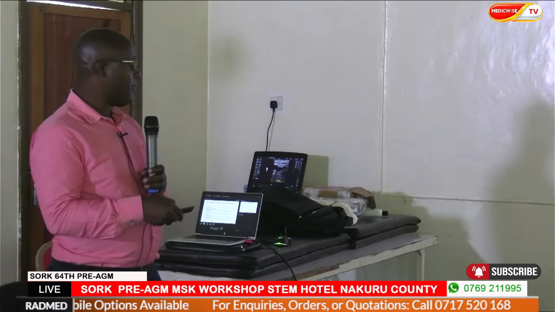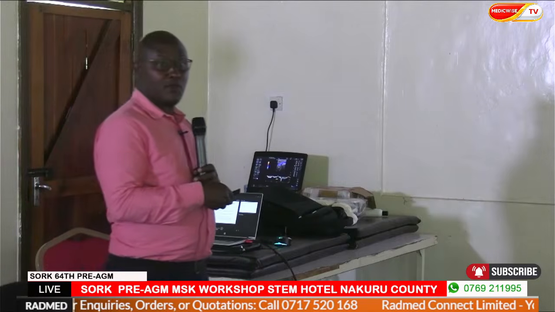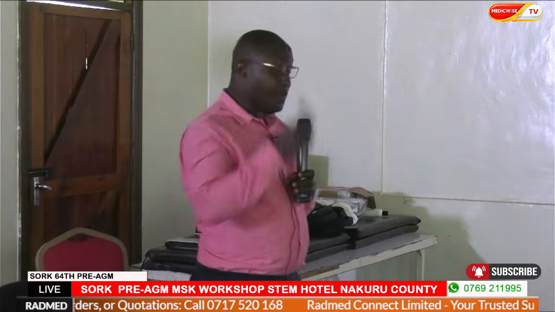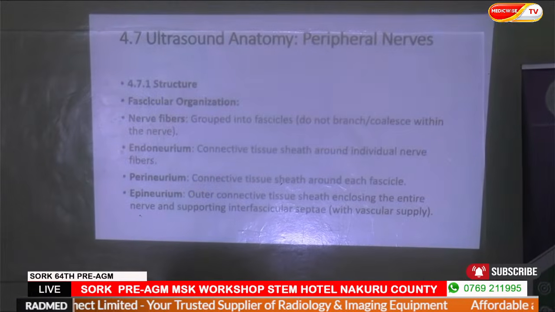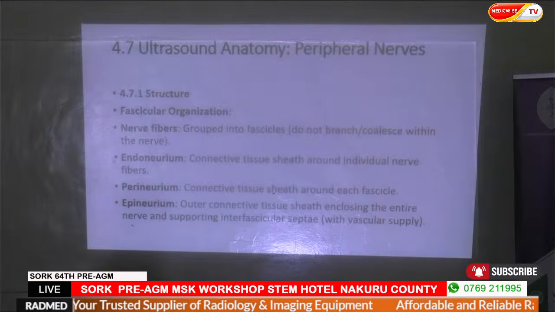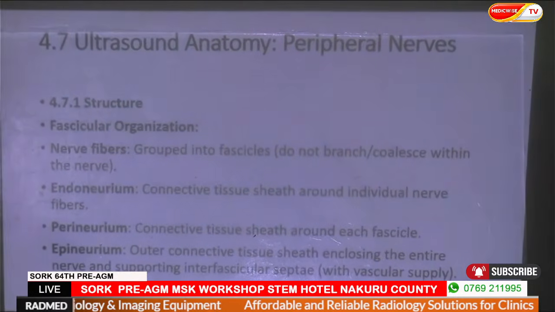And there is a common saying in MSK, abbreviated as VAN: vein, artery, nerve. A nerve is always adjacent to the artery. So if you are looking for a nerve and you can't see it, look for an artery in that area.